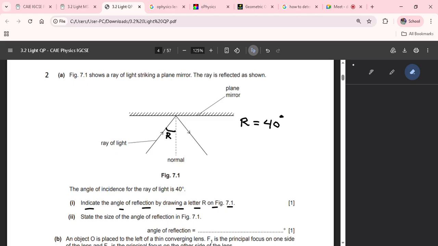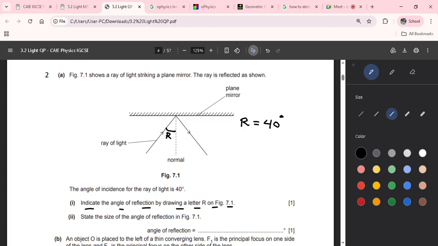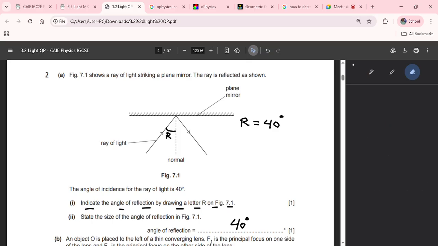State the size of the angle. Yeah, of course the size is 40, right? This is the angle of reflection. Sorry, this one is the angle of incidence.